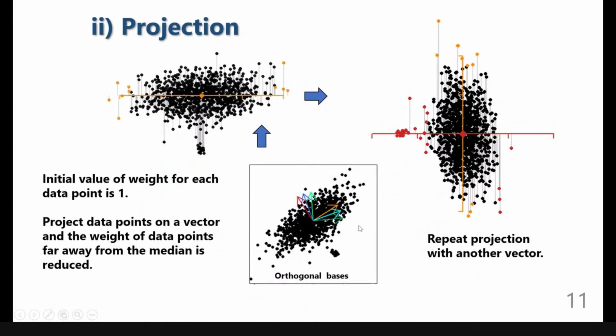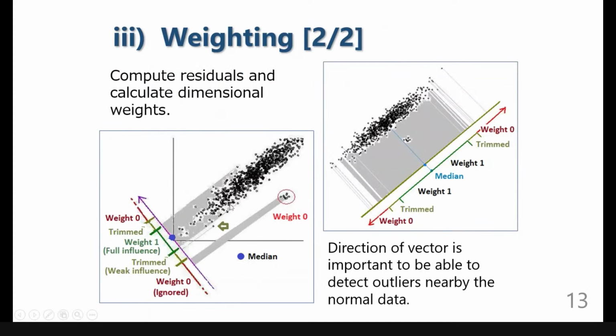Then the next step is projection. Probably it's better to use this slide. Select one vector and make a projection on this vector. Then calculate the median on this vector and decide weights for each observation.